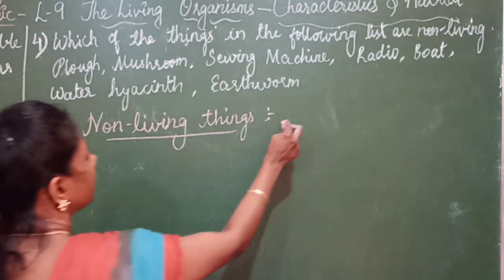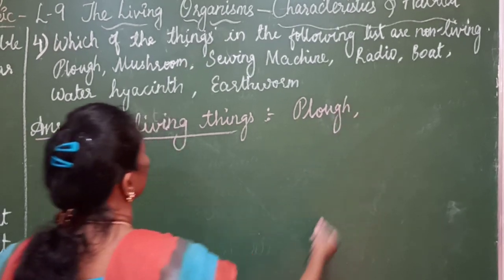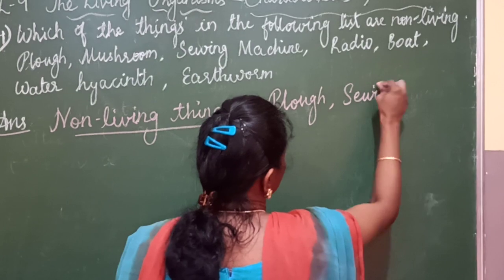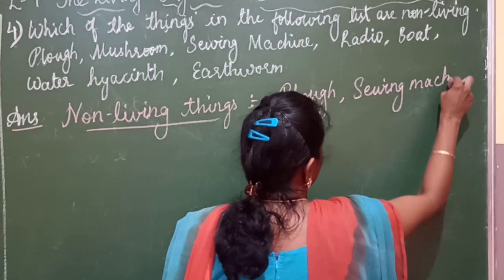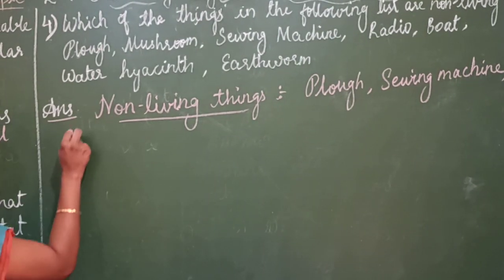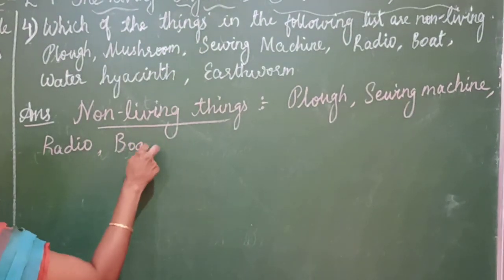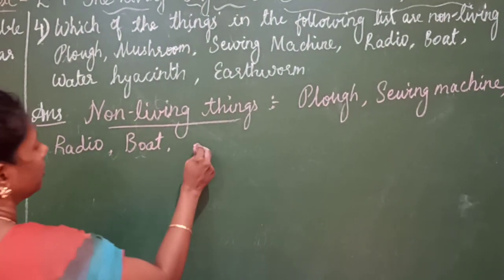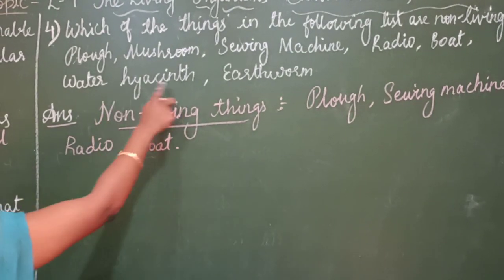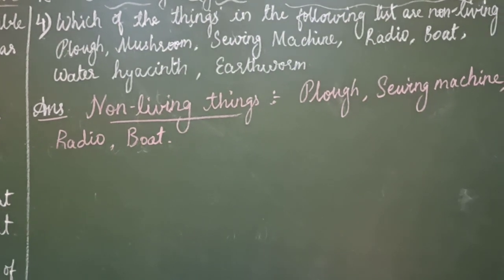The first one is plough, then sewing machine, radio, boat. Water hyacinth, earthworm and mushroom are living things.